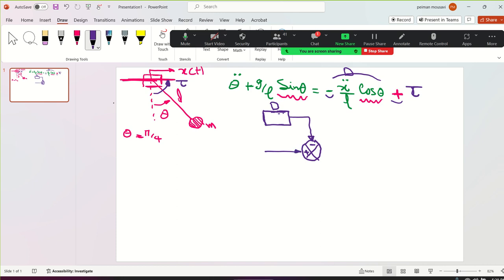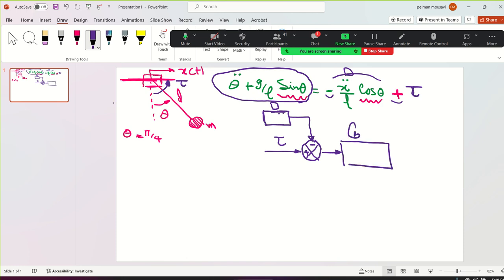The control torque tau goes inside your plant. The plant can be the temperature of the room, a differential equation, your car, a robot, the Falcon 9 that Elon Musk sent to the space station today, or whatever you want to control, like the pressure of a tank. This is the plant, or G.